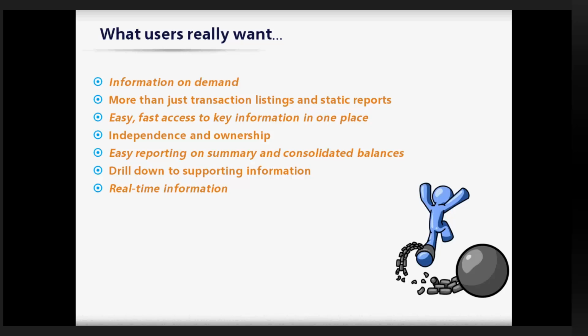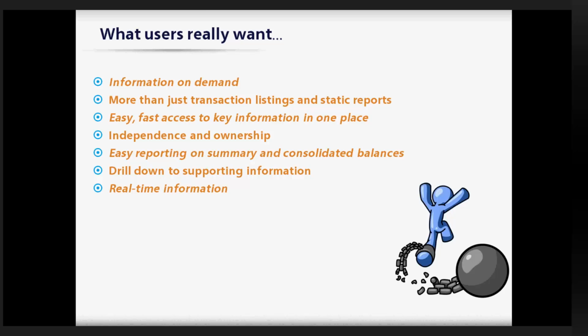And there's a real focus now on independence and ownership. What I mean by that is independence from IT, or even from a finance organization that has to answer all of these questions for you. So people would like to own the information themselves and get access to it so they can answer their own questions. So it's really about easy reporting on summary and consolidated balances, being able to drill down to supporting information, and what's really key is getting all the information in real time.